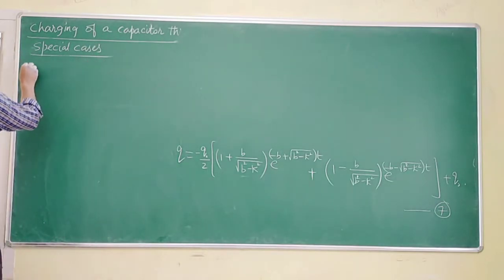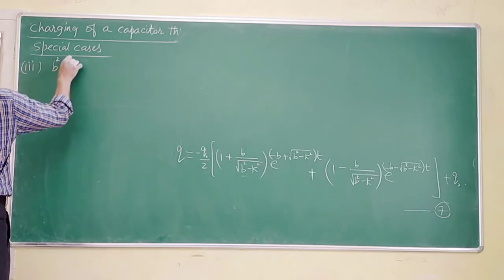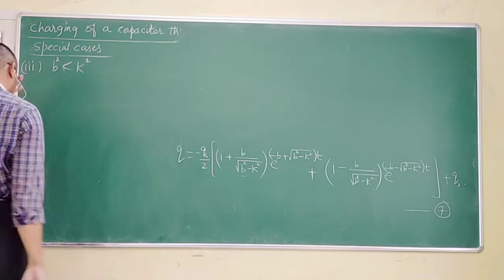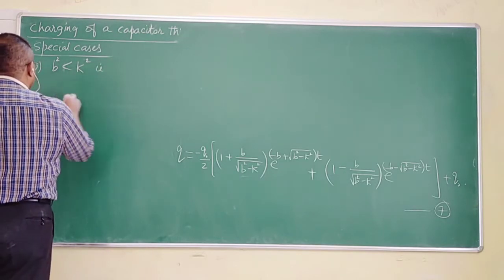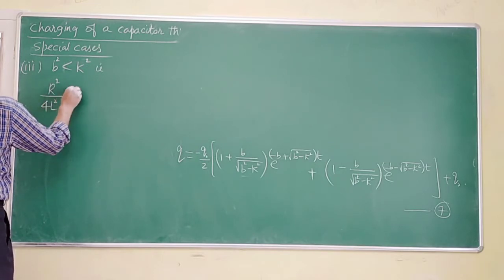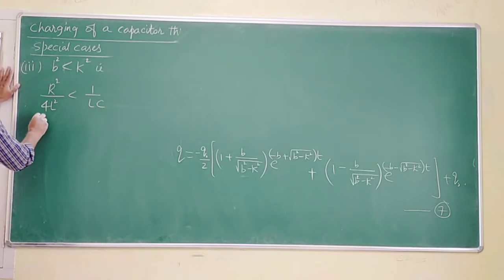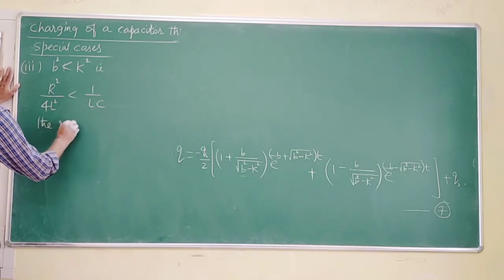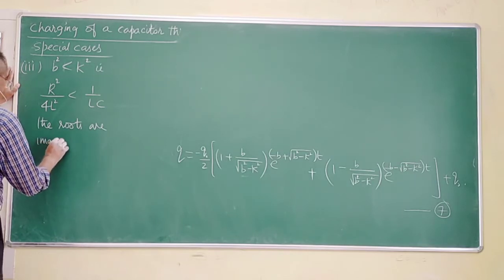Now, case 3. b squared less than k squared, which means that r squared by 4l squared is less than 1 by LC. The roots are imaginary.